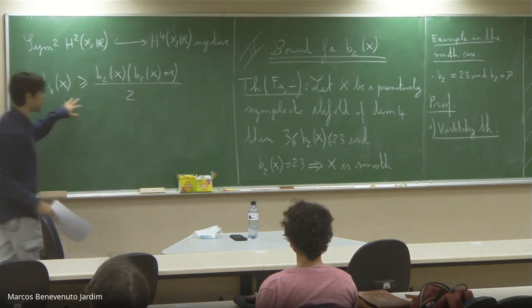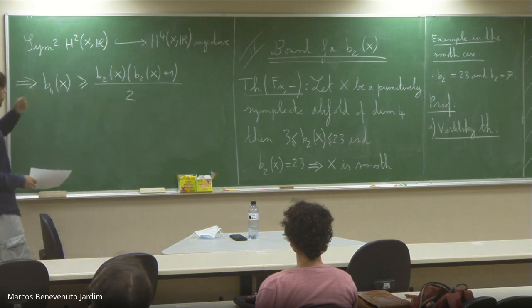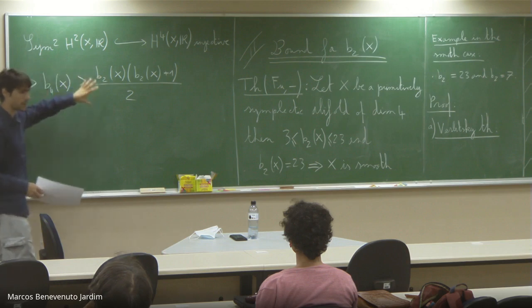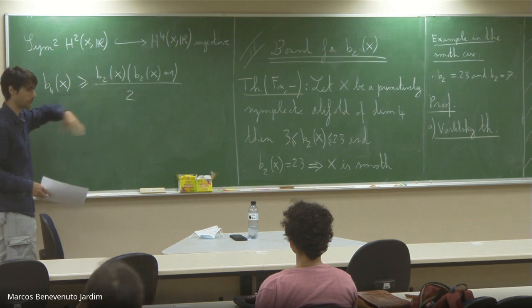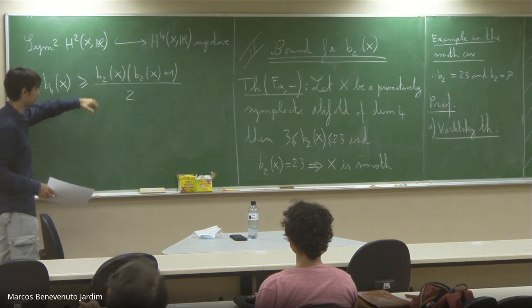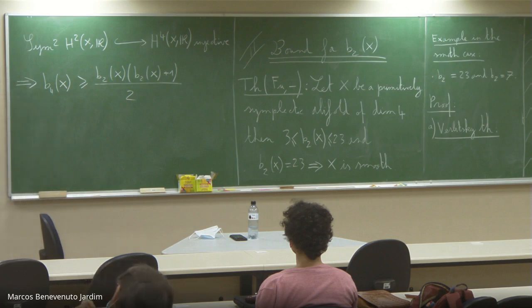It's one element to try to prove this inequality, but I think it will not be very practical to directly use the Betti numbers. You will understand why after that. It will be more practical to use the Hodge numbers.